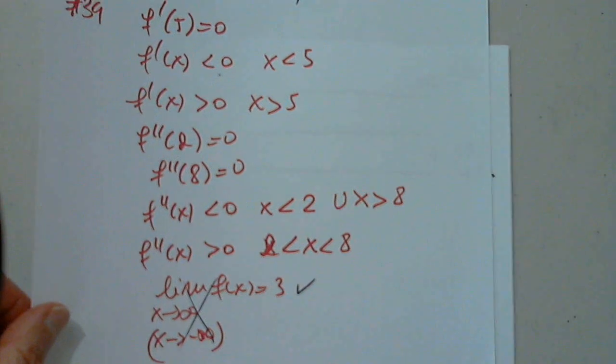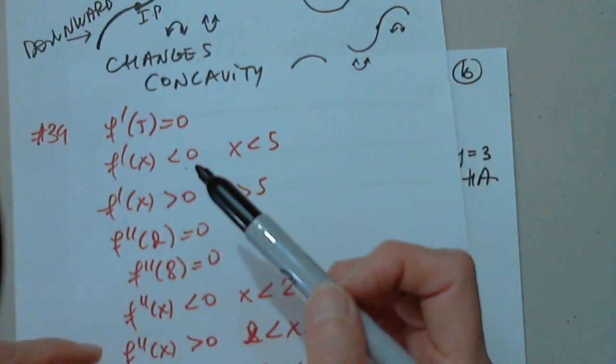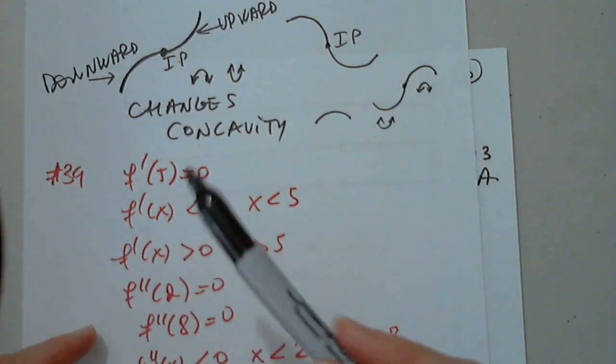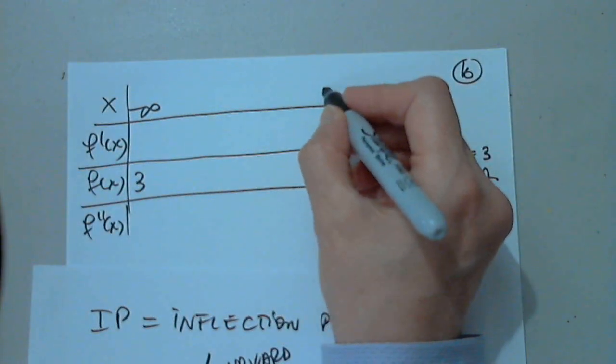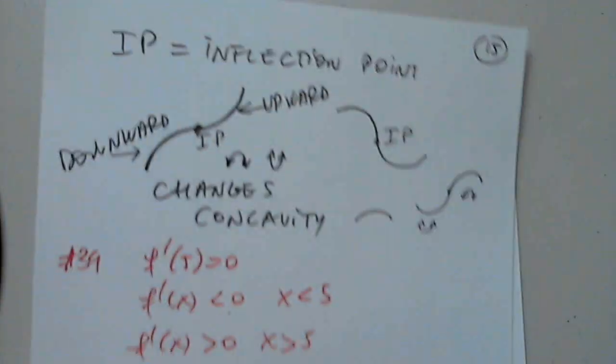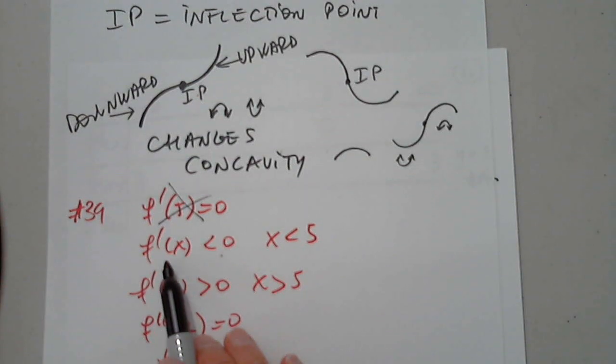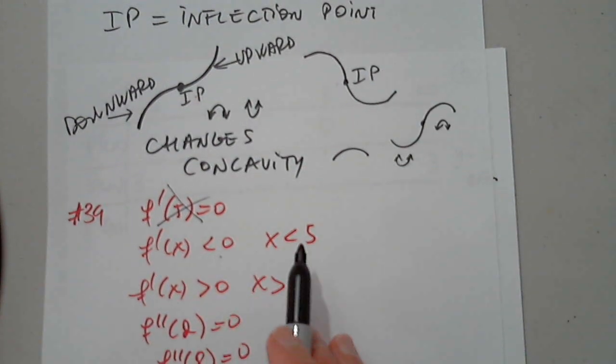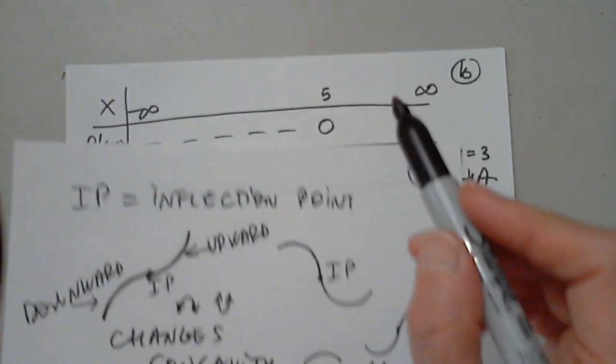Don't cross it out like that. I'm just making a point. They're telling us that f prime of 5 is 0. Negative to the left of 5. Positive to the right of 5.